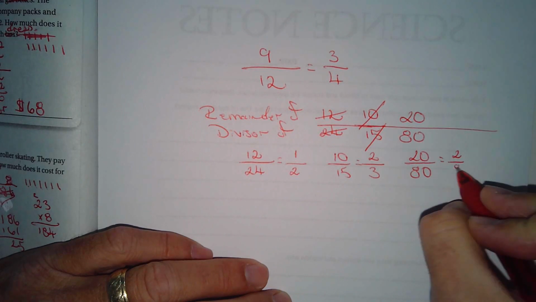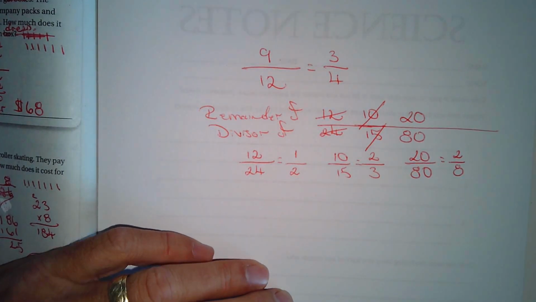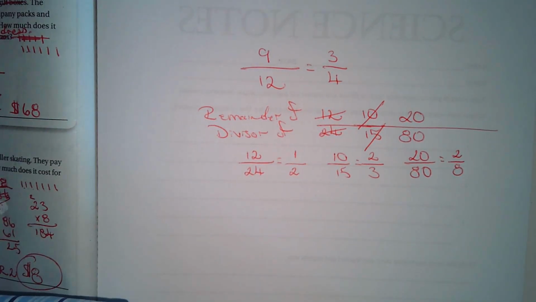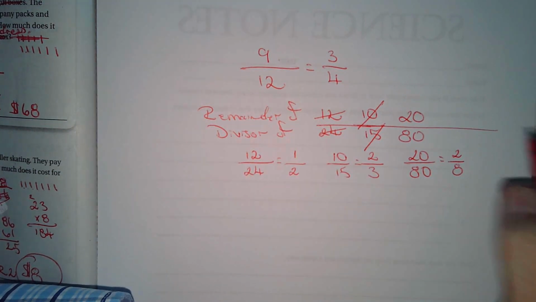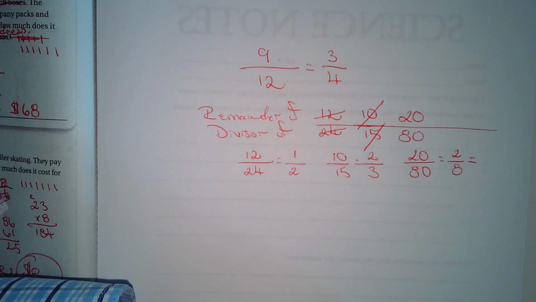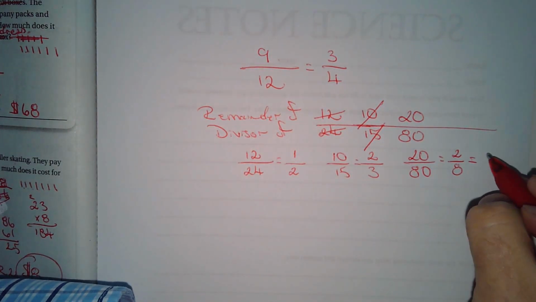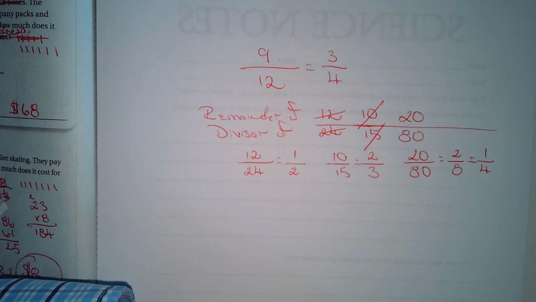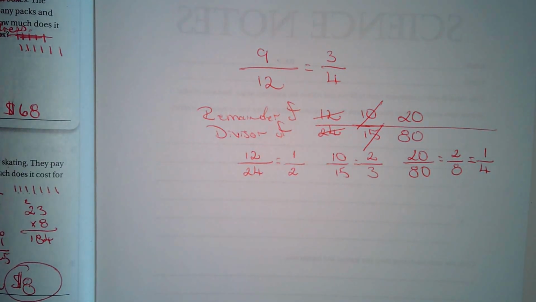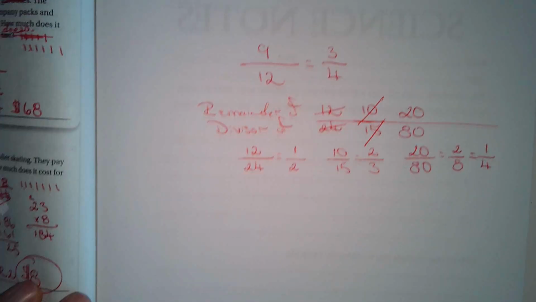Okay. Now we have 2 over 8, but we're not done. Is there a number that will fit into 2 evenly and a number that will fit into 8 evenly? 2, yeah. How many times does 2 fit into 2? How many times does 2 fit into 8? How many? 4, good. So that reduces to 1/4. Okay? You guys got to learn how to do this.